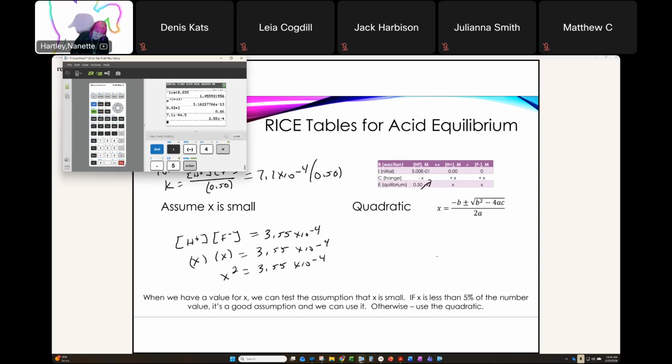And so I can find X by taking the square root. Okay. Now, I can take the square root of that.